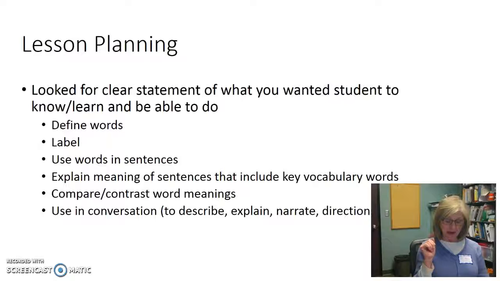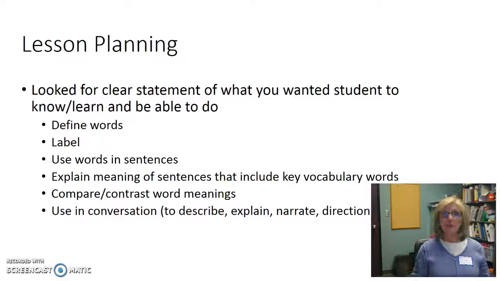They can also, I think there were a couple of examples where you had the word and the definition. They can match, so the lesson objective might be that the student matches the word to the definition. Now, remember this is symbolic, so you're asking them to use language to define the word.